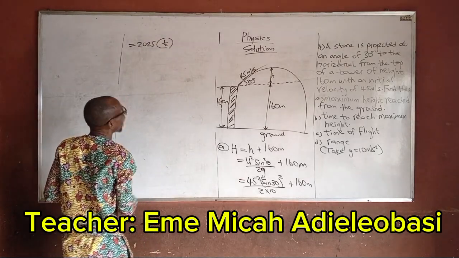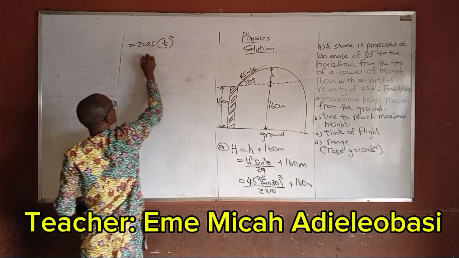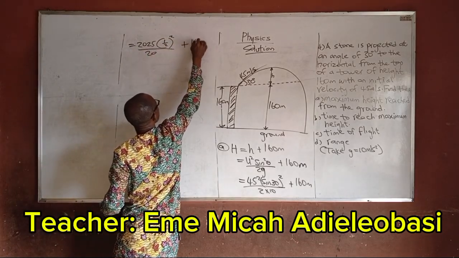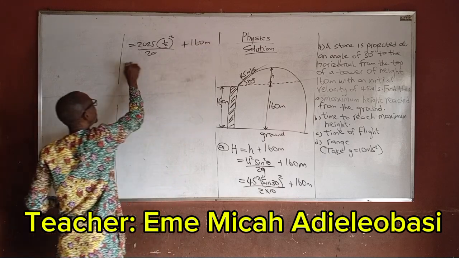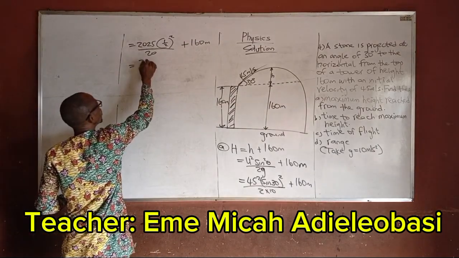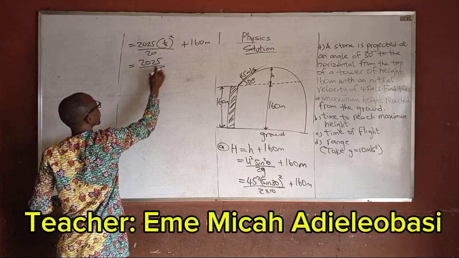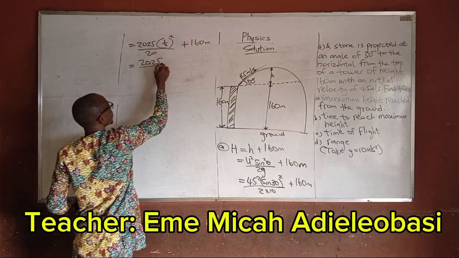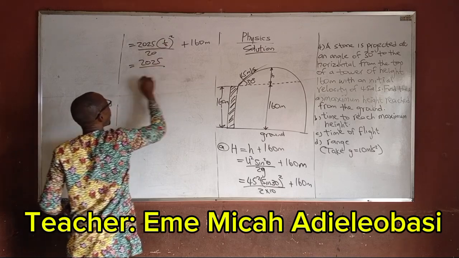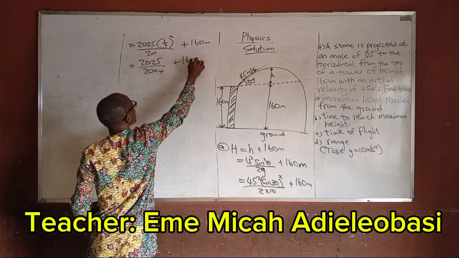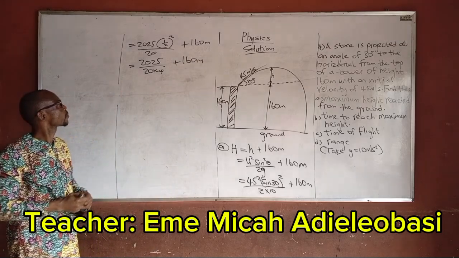Sine 30 is one half, raised to the power of 2, all over 20, plus 160 meters. When we multiply this, it gives us one over 4, which becomes 20 times 4, plus 160 meters.